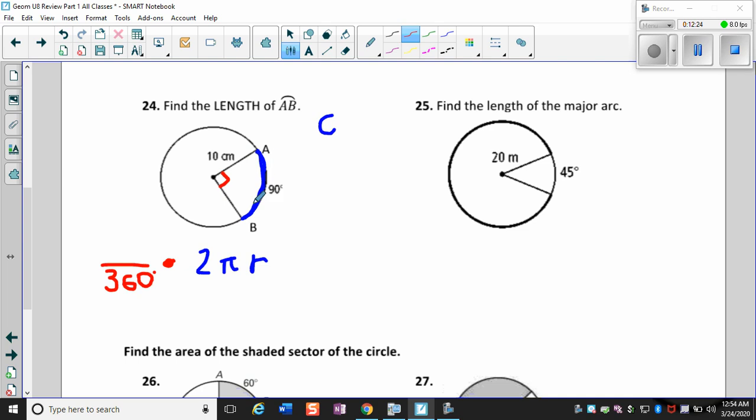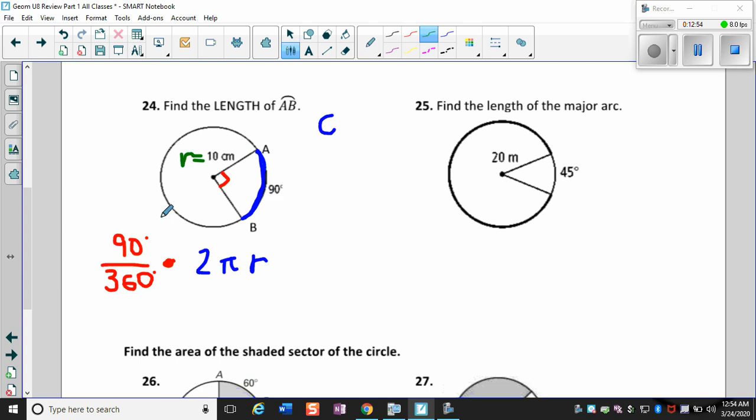So for the numerator, I need to know the angle associated with the length of the arc that we're looking for. Well, it happens to be 90 degrees. So we're looking for this quantity of 90 degrees over 360 times the circumference formula, 2 pi r. And notice that for this problem, r is equal to 10, okay?